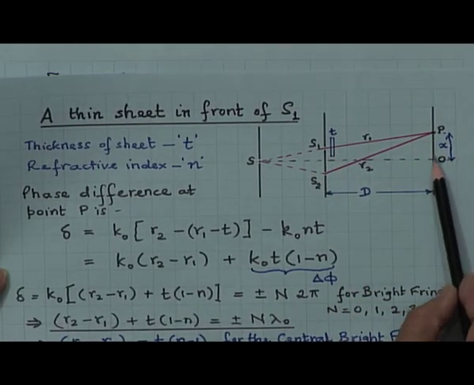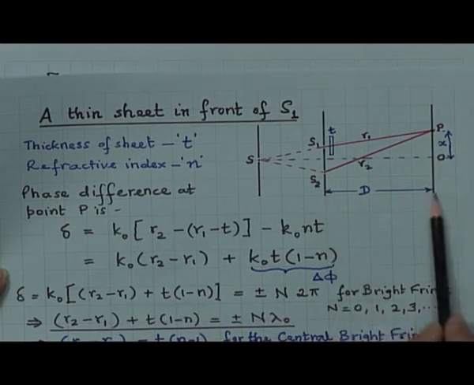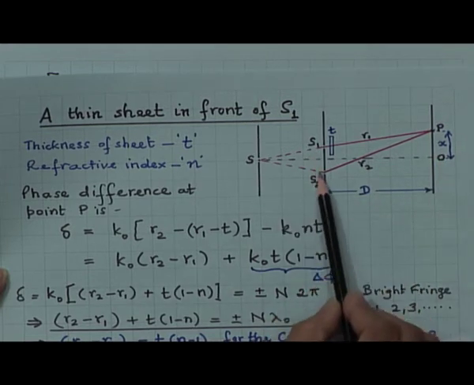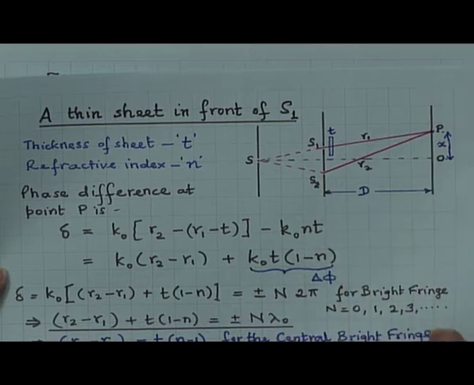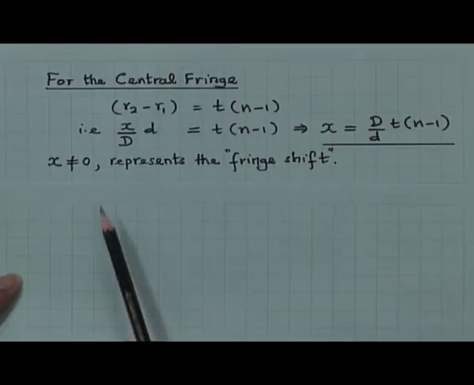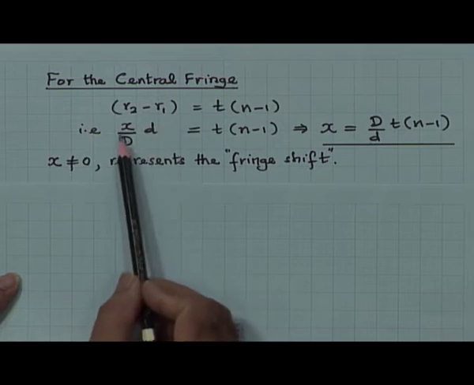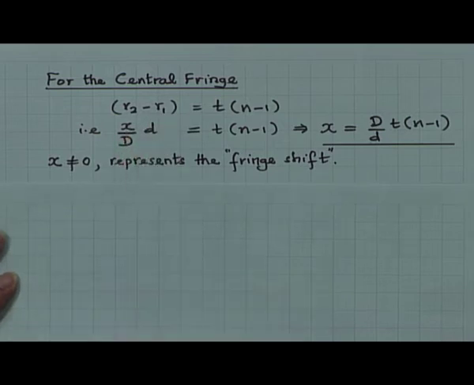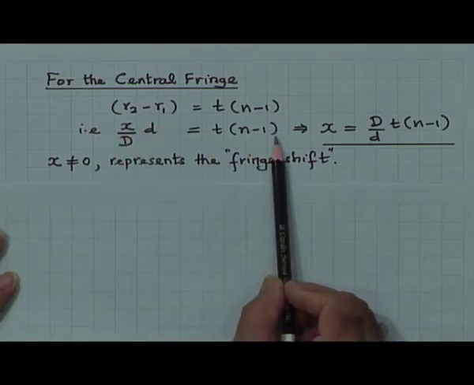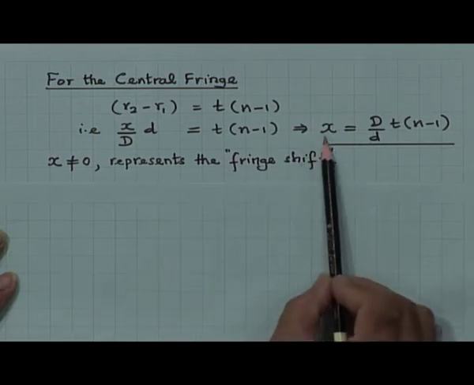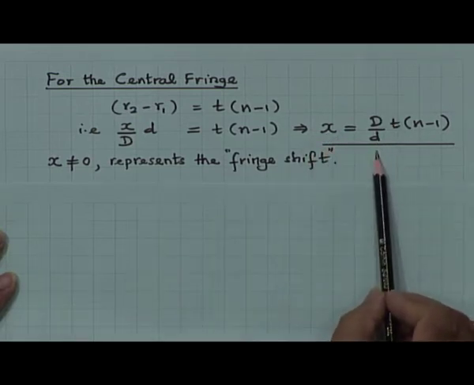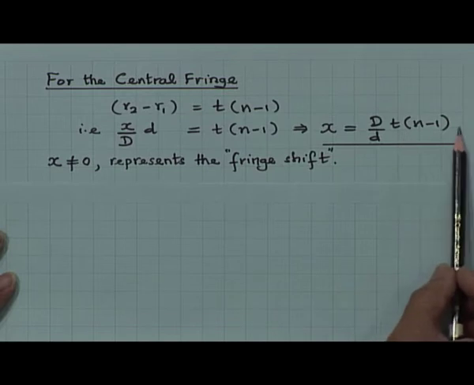If the position is x, and the separation between S1 and S2 is small d, in the last lecture we had calculated that the path difference is x by D into d, which is equal to t times (n minus 1), or x is equal to D by d into t times (n minus 1).